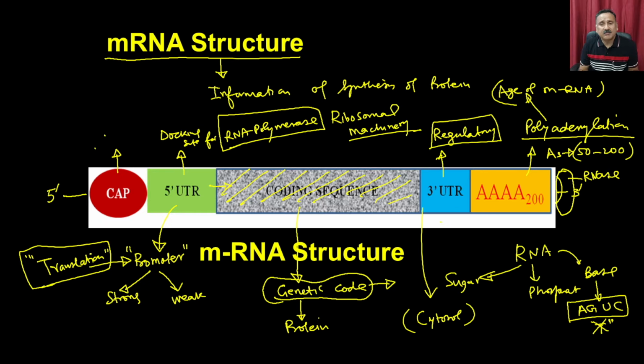But how long this messenger RNA is going to remain active in the cytosol will be decided by the 3' poly A tail. This region is called the poly A tail.